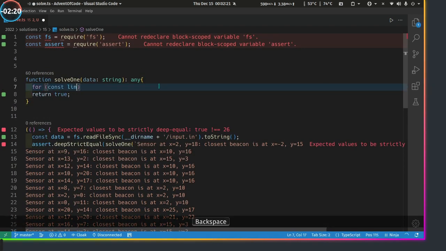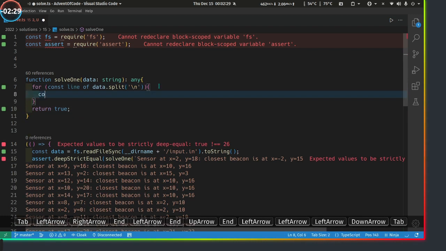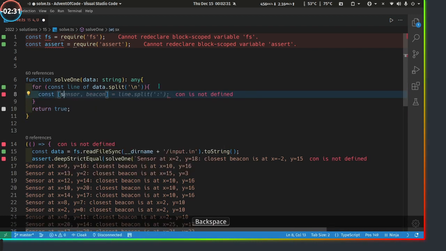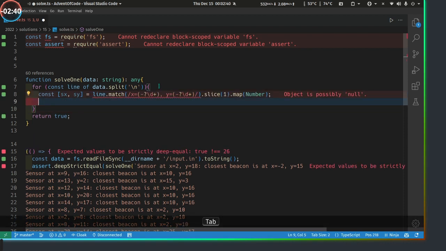For const line of data split by the new line, of course. All my symbols go where they need to go. Const sx, sy equals. I mean, my goodness, that's something. I'll do a regex. Const bx, by equals.